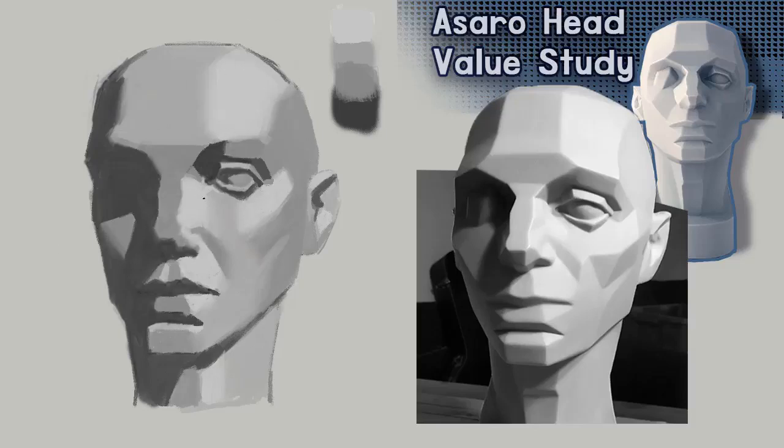We'll look at edges more in future demonstrations, but I just want to get into it very quickly here in a very rudimentary way, just to show you the difference between hard and soft. It can give your Asaro head knowledge a more fleshy kind of feel. Because after all, human beings are not made of perfectly hard edges all the time. So in chapter 2 here, in painting the head, we want to start broaching the topic of edge control. And in this stage, I'm not being too technical about it.